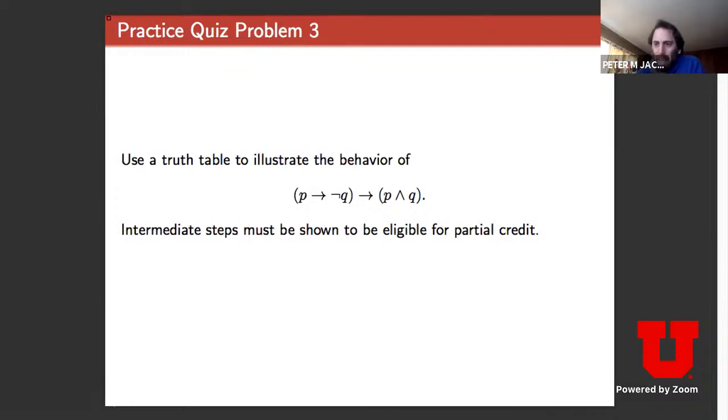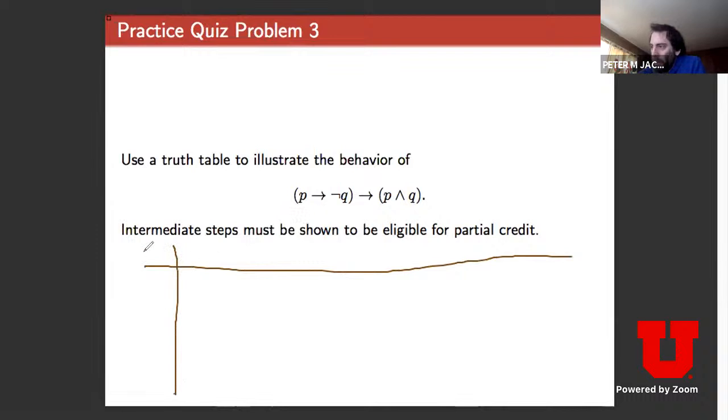And just to get you started, maybe I'll write out the beginning of the truth table so it's clear exactly what you have to do here. Whenever you need to write out a truth table to understand the behavior of a statement, we start with P and Q. Those are the basic symbols. And then we'll write out all of the symbols, and we'll figure out what their truth values are.